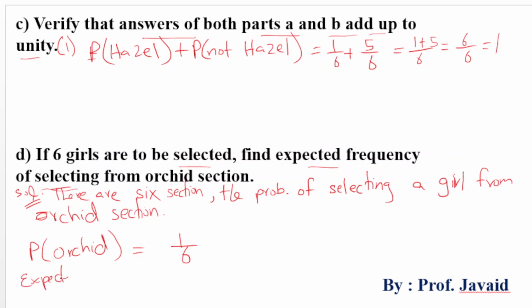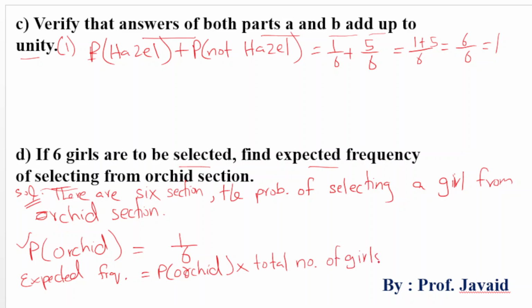Okay, so like this. First of all, we have to find the probability of Orchid. Now expected frequency is equal to probability of Orchid multiplied by the total number of girls to be selected.